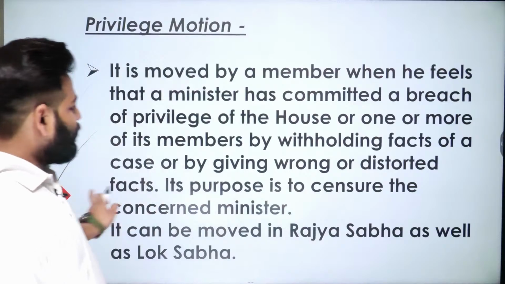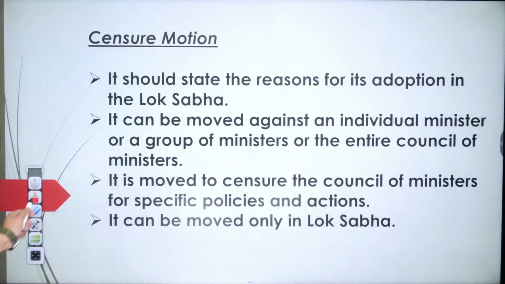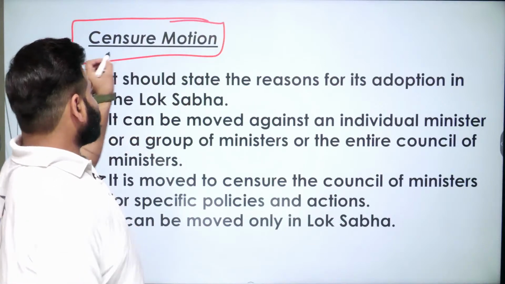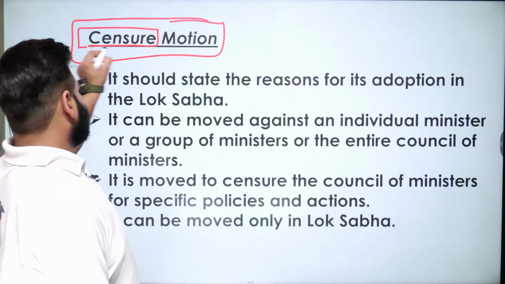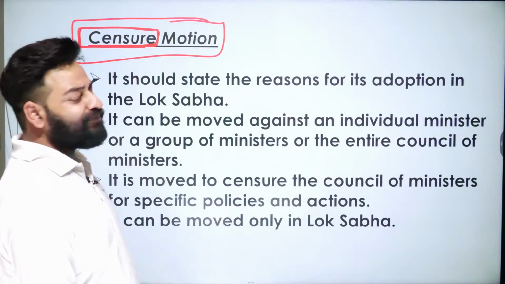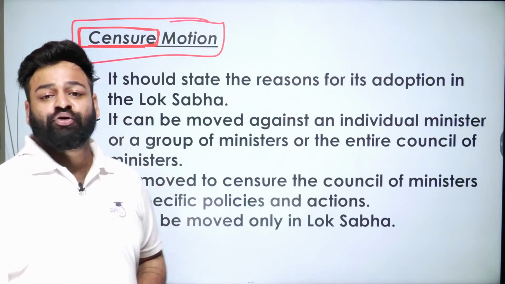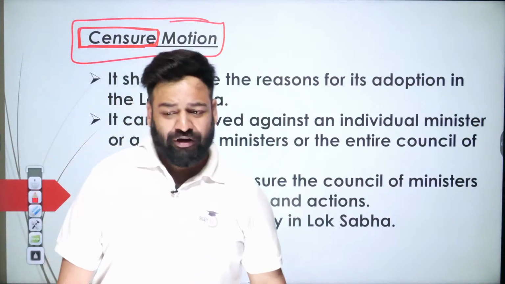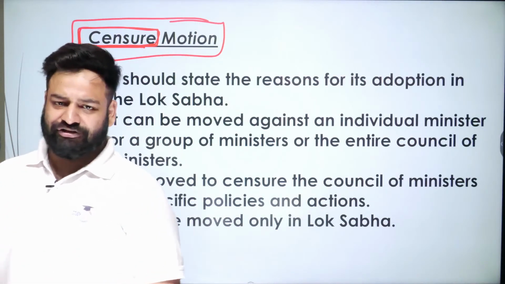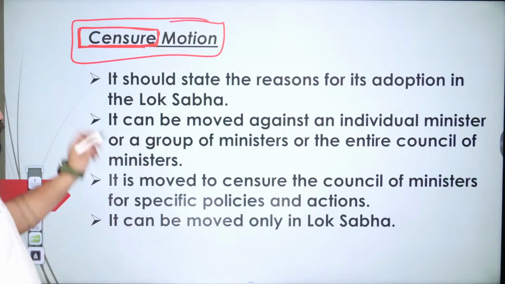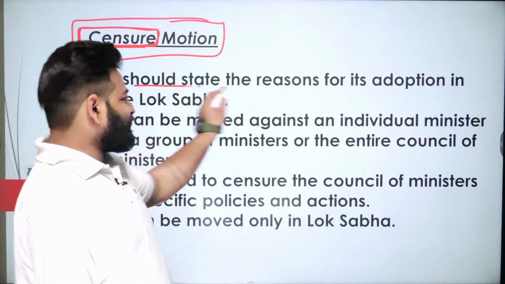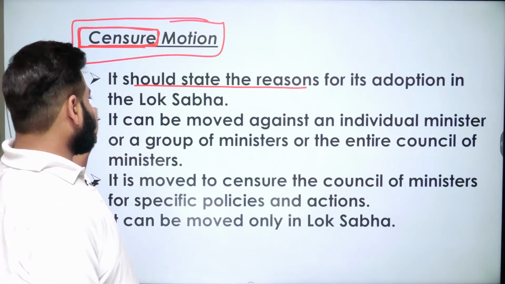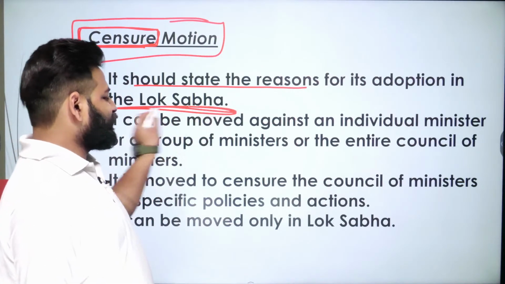Next, censure motion. What is this all about? It is censure. Though we pronounce it as censor, it is not the C-E-N-S-O-R censor. It is censure, C-E-N-S-U-R-E, though the pronunciation remains censor itself. So censure motion, firstly, it should state the reasons for its adoption in the Lok Sabha.